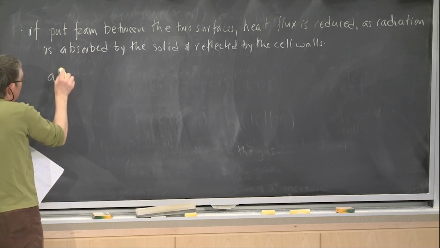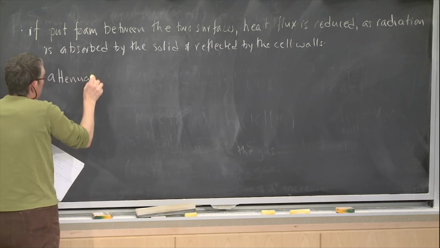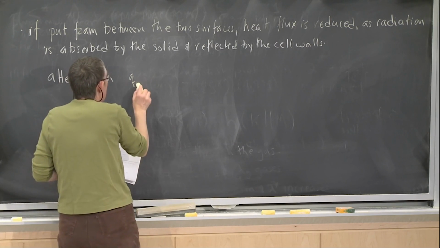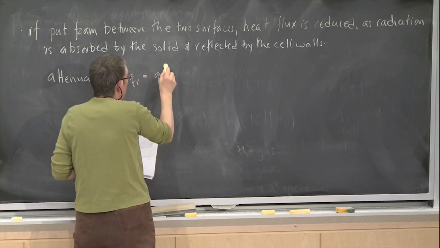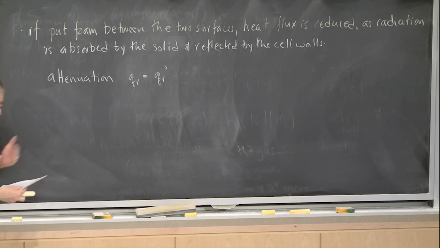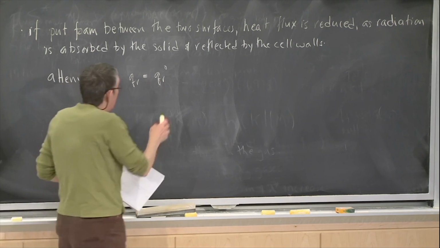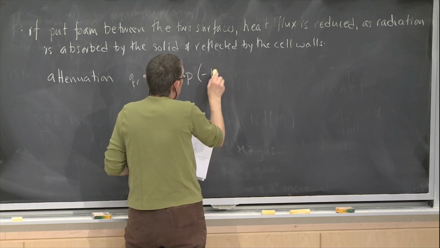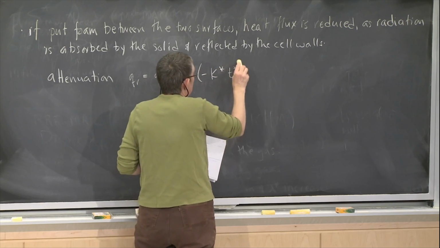Okay, so Beer's law gives us the attenuation, so the sort of reduction in the heat flow. So QR is equal to QR naught. That would be the heat flux if we just had the vacuum. And then there's an exponential law, and it's the exponential of minus K star T star.